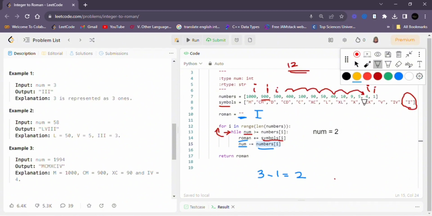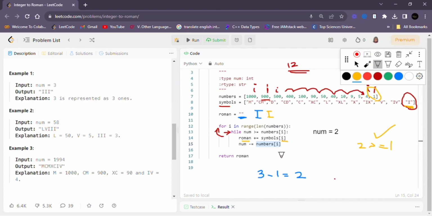For the next iteration, it checks again, and because 2 is greater than or equal to 1, the condition is satisfied. So it stores the same symbol I into Roman. Now we have two I's in Roman.